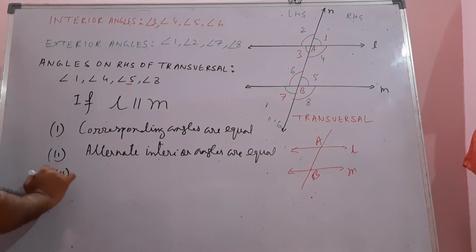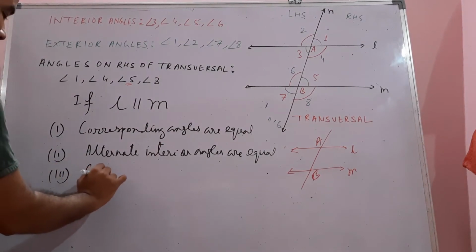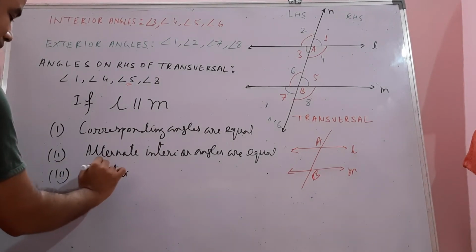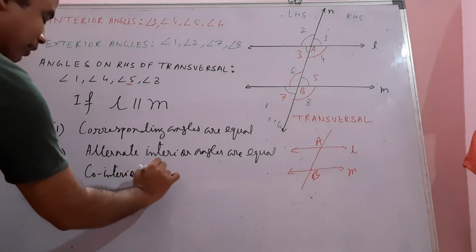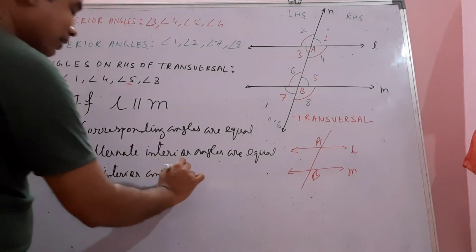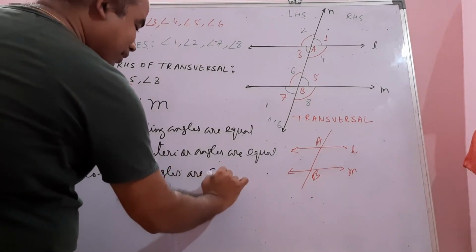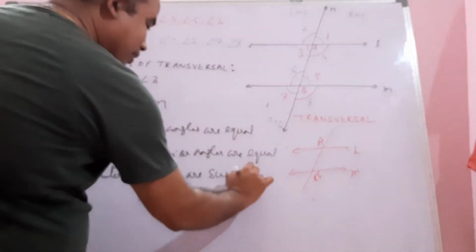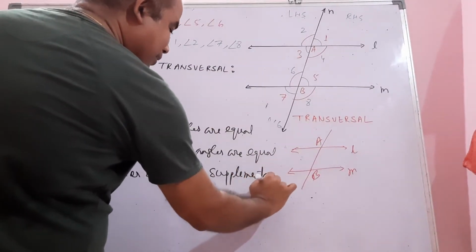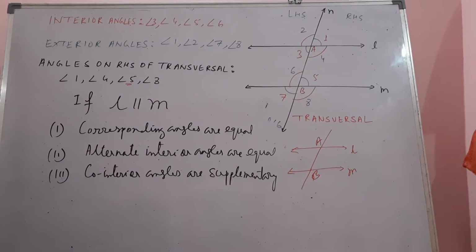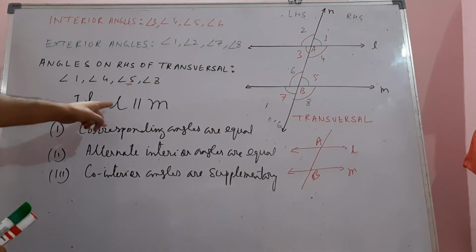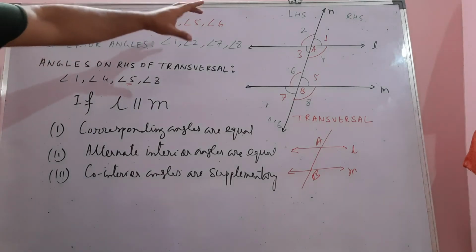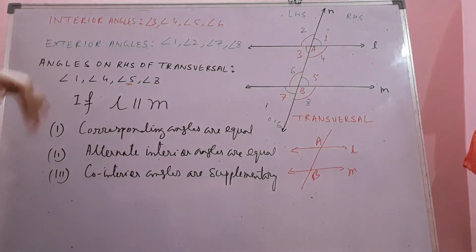Number three, co-interior angles are supplementary. Supplementary means their sum is 180 degrees. They are not equal, but their sum is 180 degrees. Only when these two lines are parallel, not always. If these lines are not parallel, then not always.